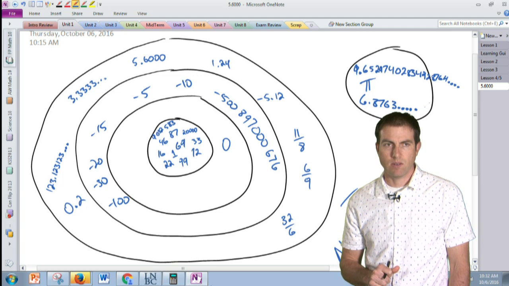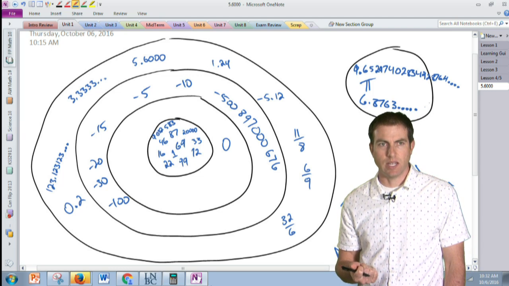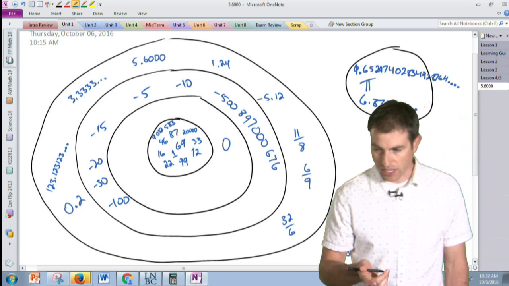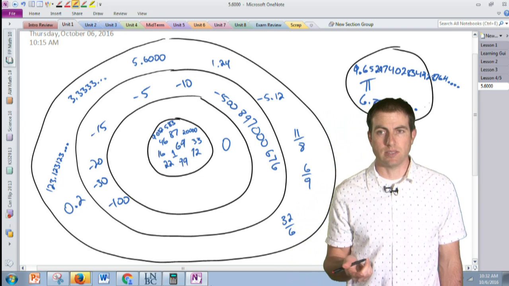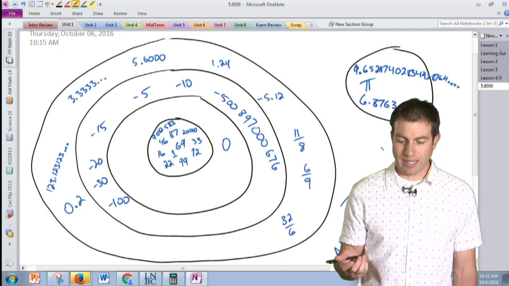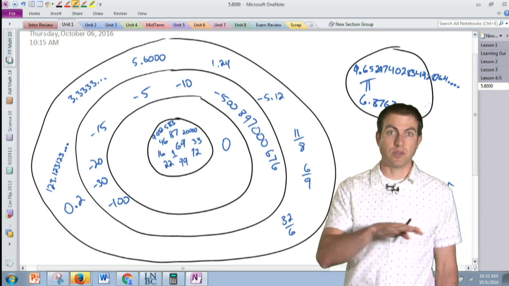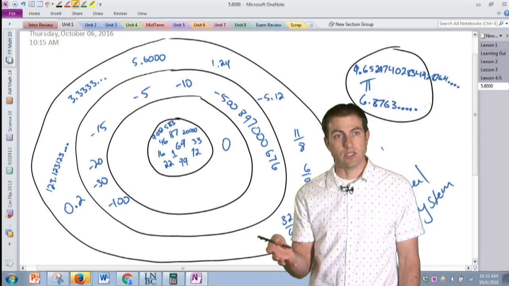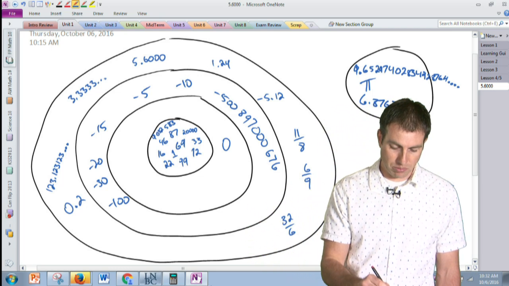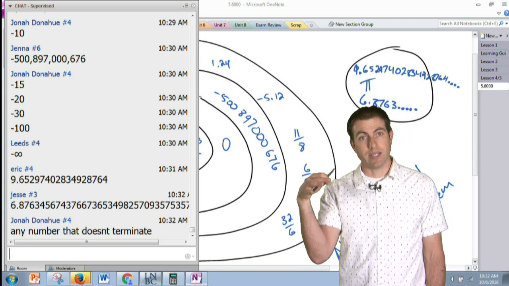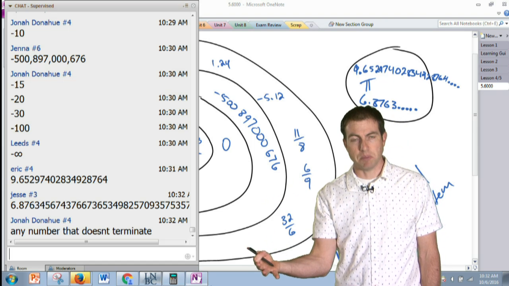All right, there's one that we talked about last day that I like to put in this category because it's something we're going to talk about again today. We talked about the difference between having an exact value and then, yeah, Jonah, exactly. Any number that doesn't terminate is going to go in there. We talked about having an exact value and a representation or estimation of it.